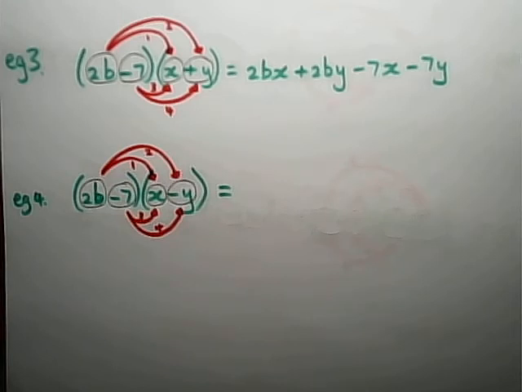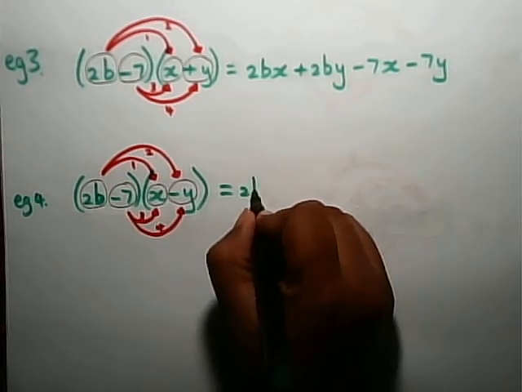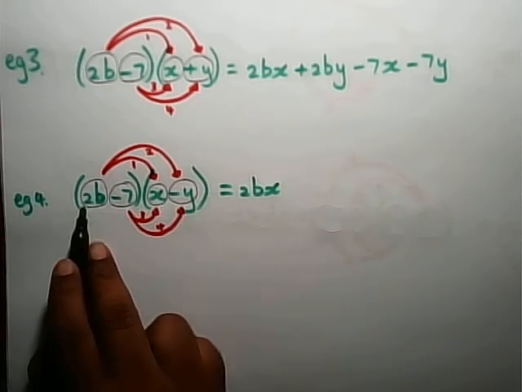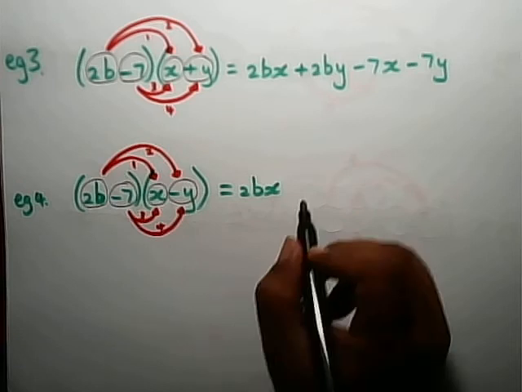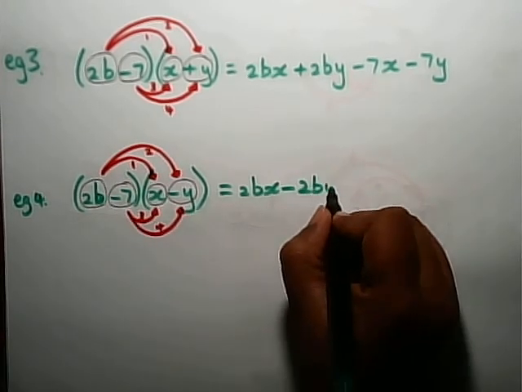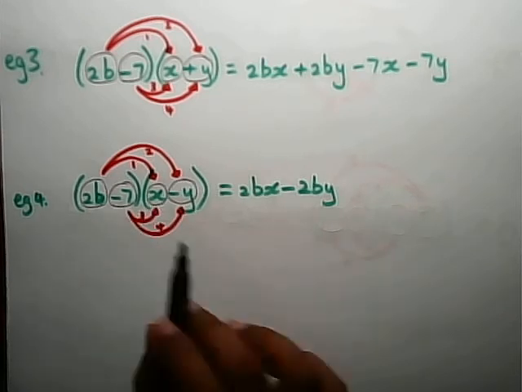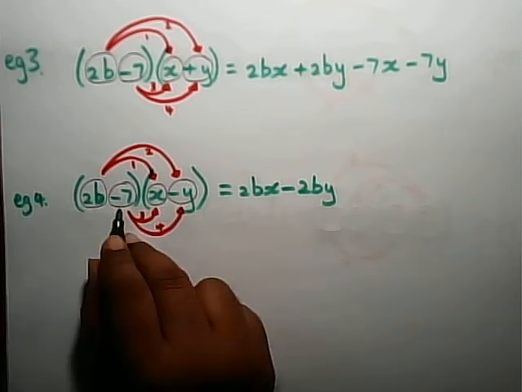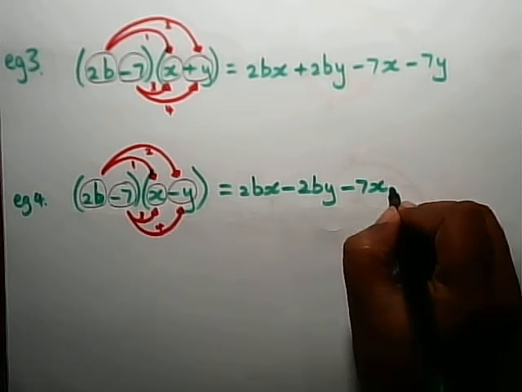Okay. Step 1, 2b multiplied by x, 2bx. Step 2, 2b multiplied by negative y. A positive by a negative, negative answer, 2by. Step 3, negative 7 by a x. Negative times a positive, negative 7x.